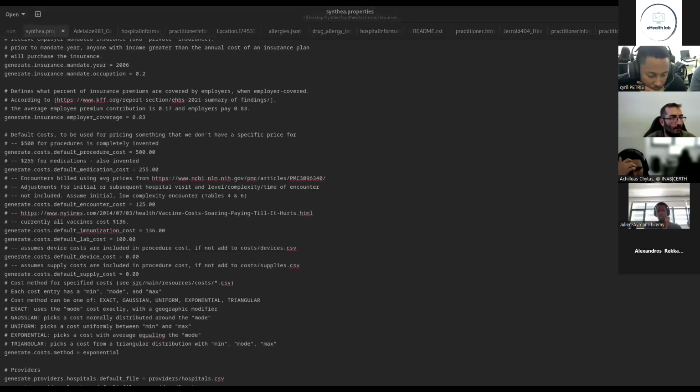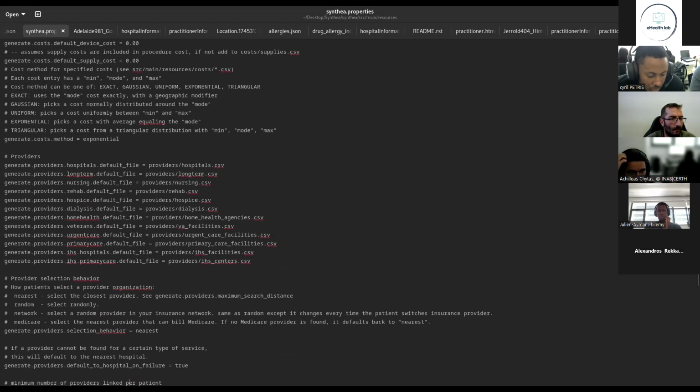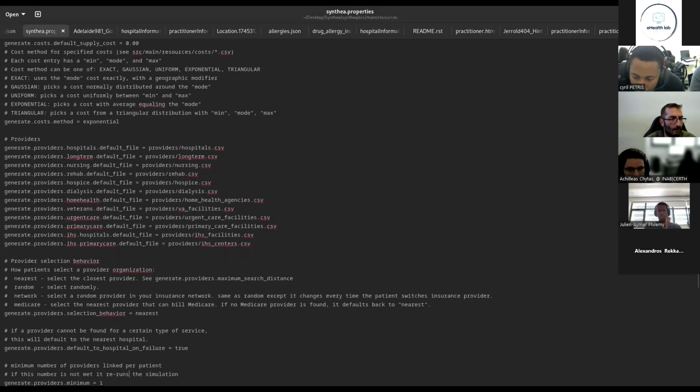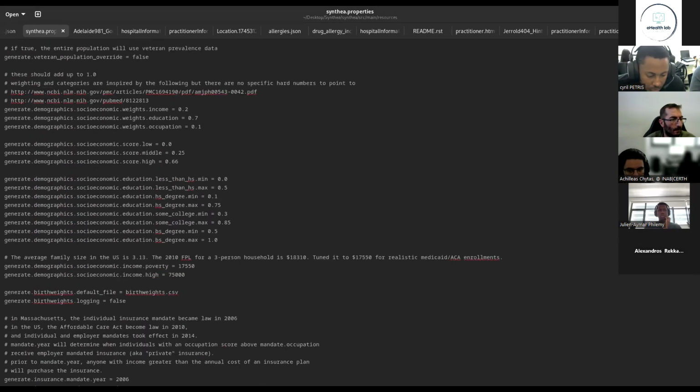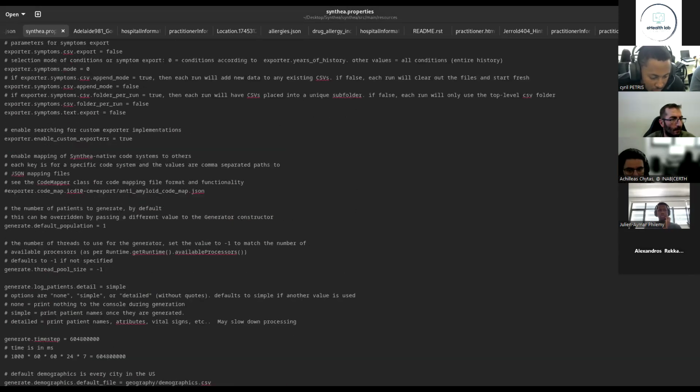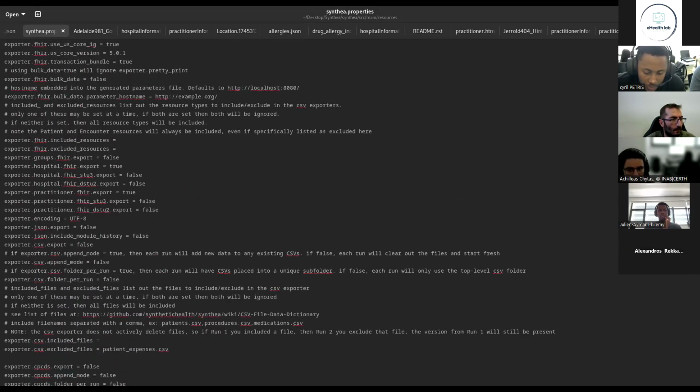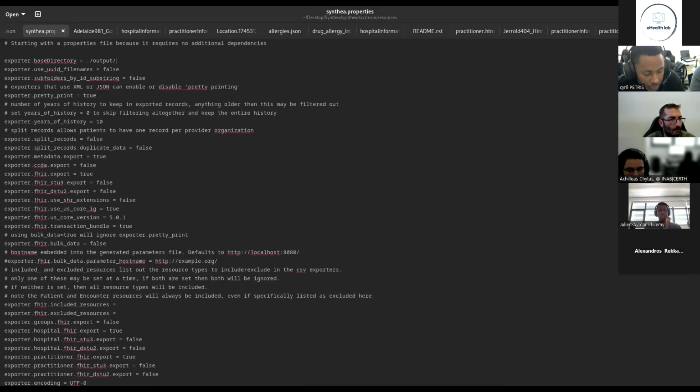So that's the whole file where you can really create your dataset with different information. As I said, you can choose the output type. I haven't tried all the parameters because there are really a lot.